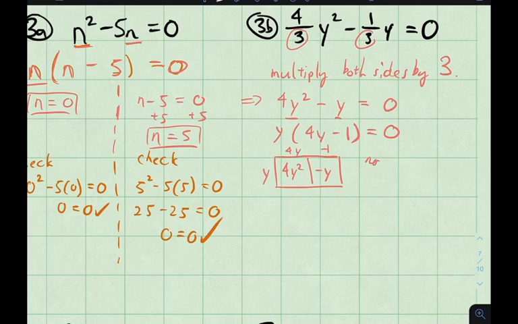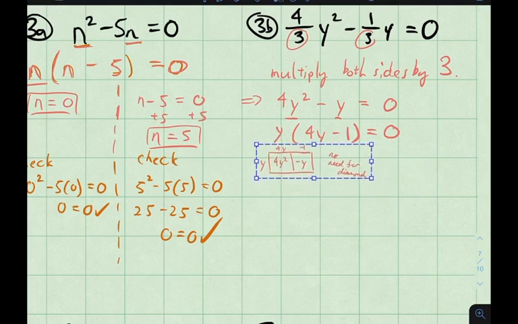No need for that. So maybe I'll shrink that off to the side.